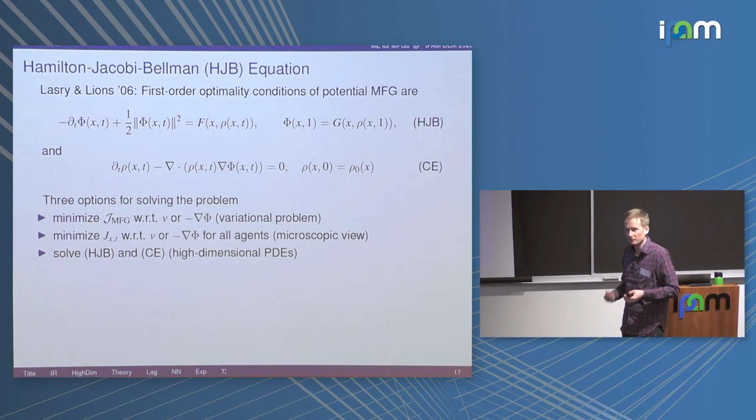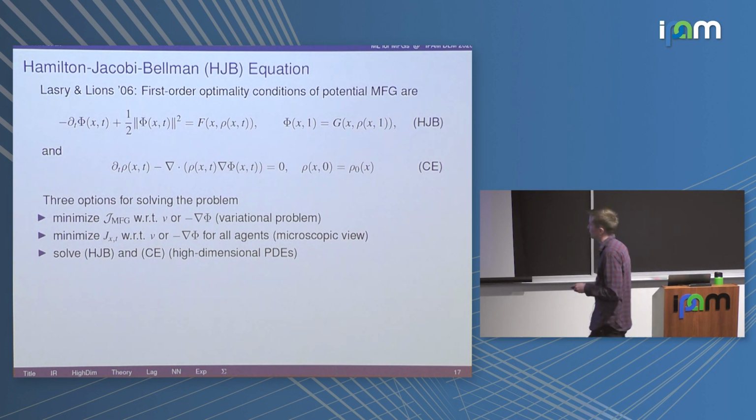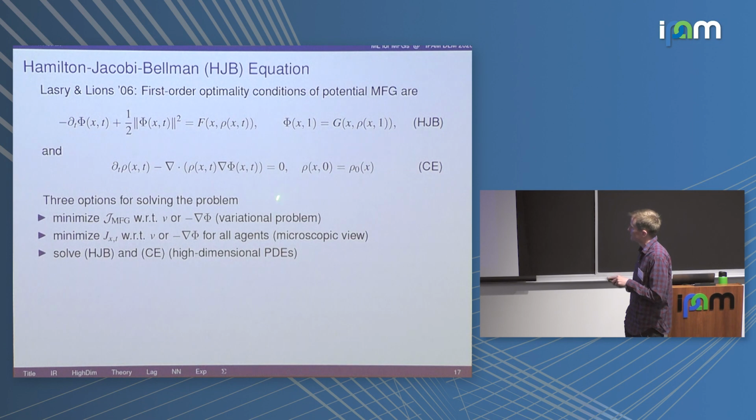So there's a little bit of calculus that we went through. But what that tells you is that you can either optimize for v, or you can optimize for minus grad phi. And that is something that we try to exploit in our approach, because then the phi here just is a scalar function. We know that the solution to the problem will be a gradient of a scalar function.